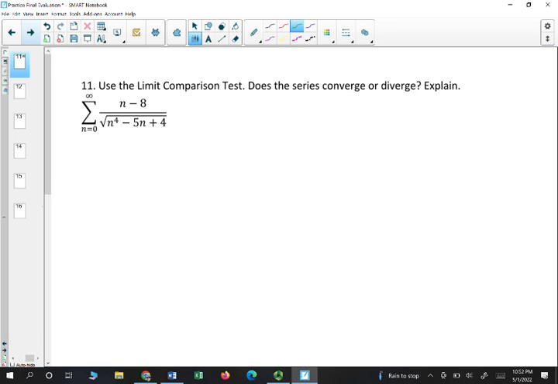Okay, previous version had this as the direct comparison test. Now direct comparison, remember we would set this as our an. We would come up with our bn to compare to. Take our dominant term from the numerator, compare to the dominant term in our denominator.